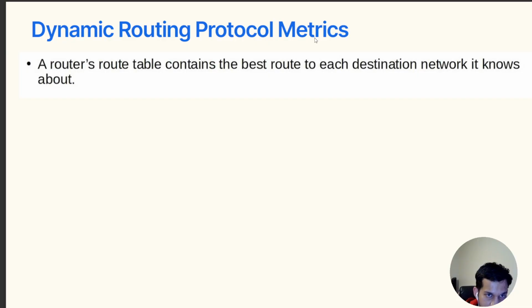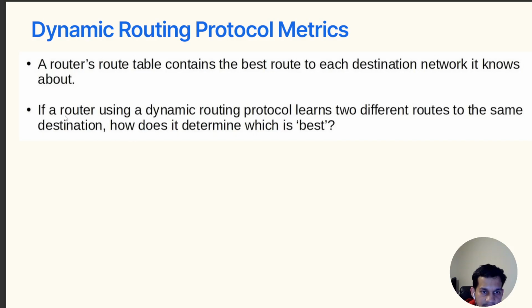I'm talking about general dynamic routing here. A router's routing table contains the best route to each destination network it knows. If a router using a dynamic routing protocol learns 2 different routes to the same destination, how does it determine which is the best? Let's say it knows a route to router 4 by RIP and by OSPF.